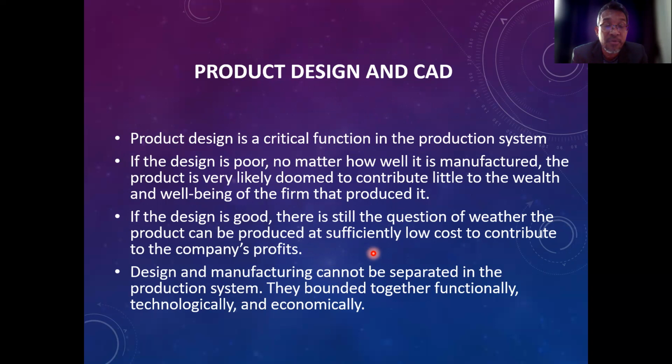The flow of information passed over from product design is the design itself, the bill of material, the assembly drawing, the child drawing, and the materials. That is the output of the product design.